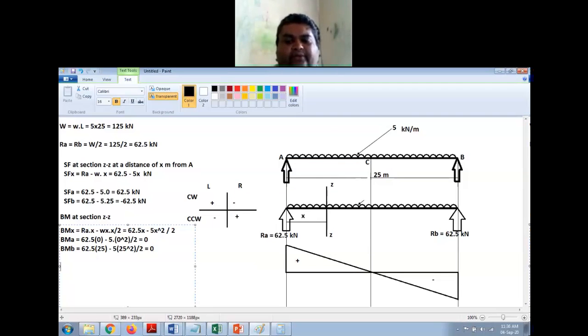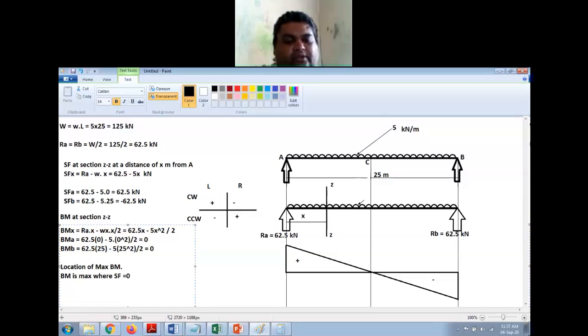Now I need to find the location of max BM, right? So how to find the location of maximum bending moment? I will use the expression for shear force. RA minus Wx should be equal to 0, or 62.5 minus 5x should be equal to 0. So BM is max where SF is equal to 0, correct?